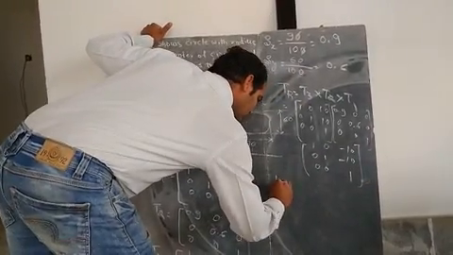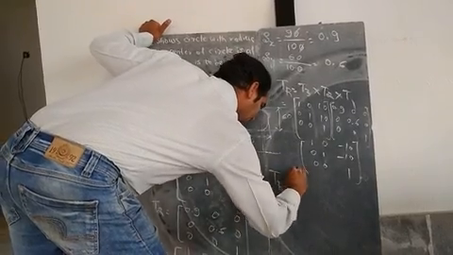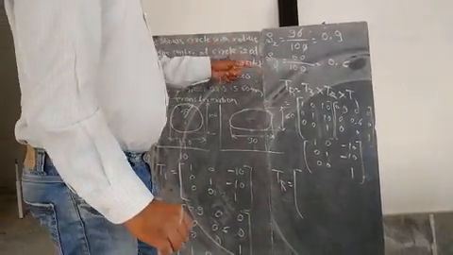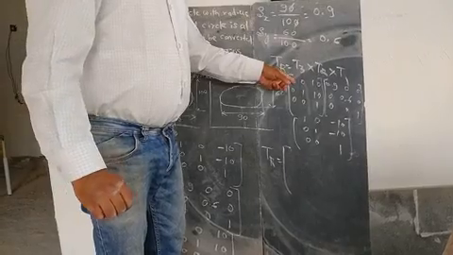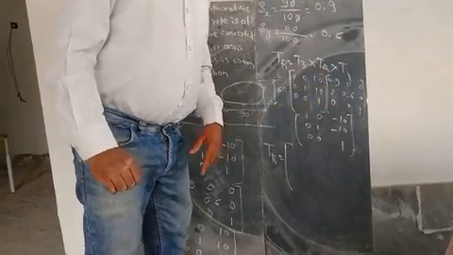The resultant transformation matrix I will get by multiplying these three matrices.